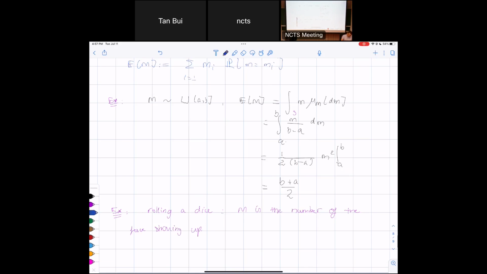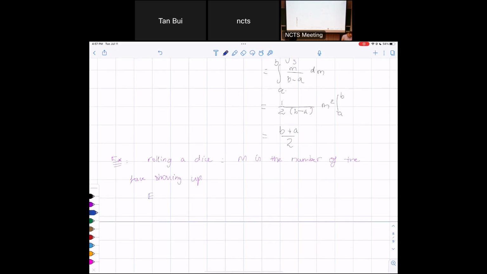So the expectation of M: M has only the possibilities 1, 2, 3, 4, 5, 6, because when you see a face, it can be only 1 to 6. So the expectation of M is the summation of Mi times the probability of M equal to Mi, and i is from 1 to 6.